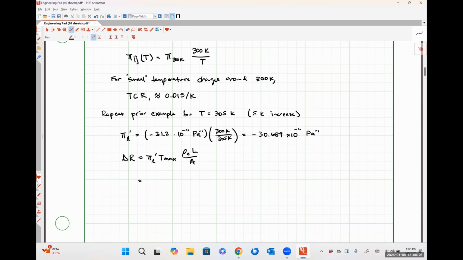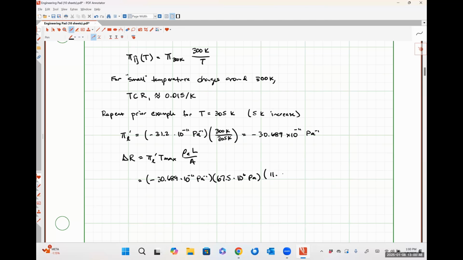So this comes out to be negative 30.689 times 10 to the minus 11 per Pascal, 67.5. Let me write that as times 10 to the 6 Pascal.